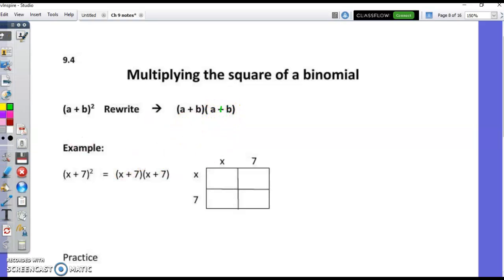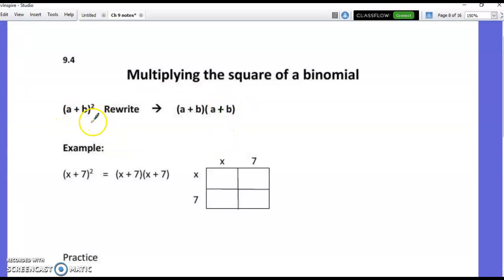So make sure that you are writing it twice rather than doing an a squared and a b squared, because that's the most common mistake. A lot of people will say, oh, it's x squared plus 7 squared, which would be x squared plus 49, which is incorrect. So anytime you see something plus or minus something squared, you rewrite it in this form.